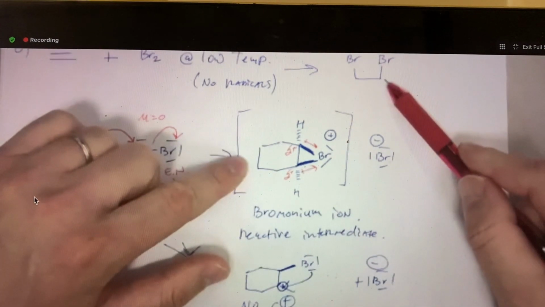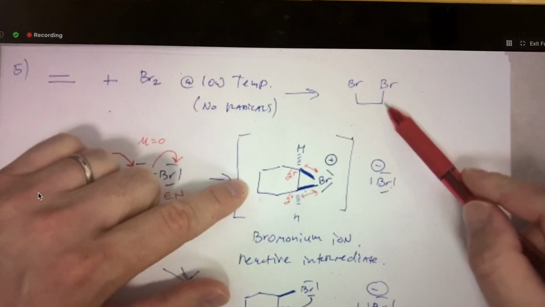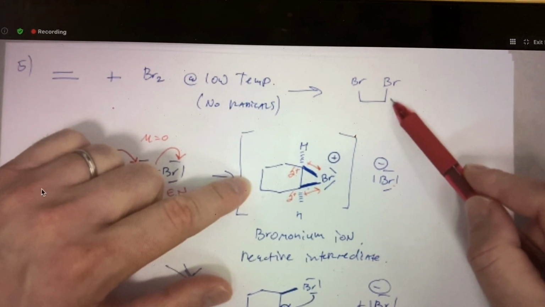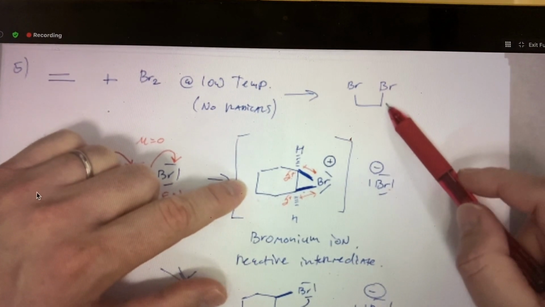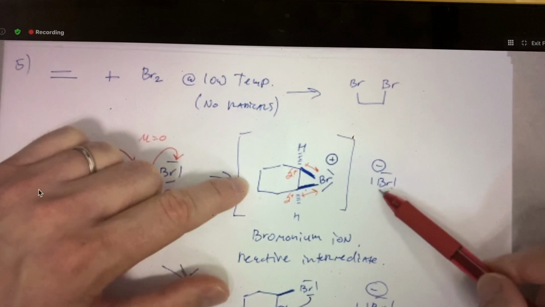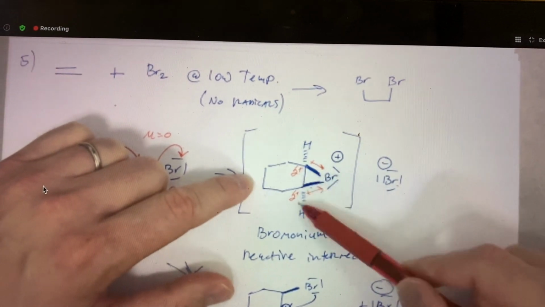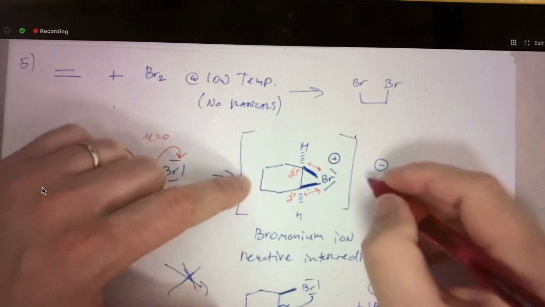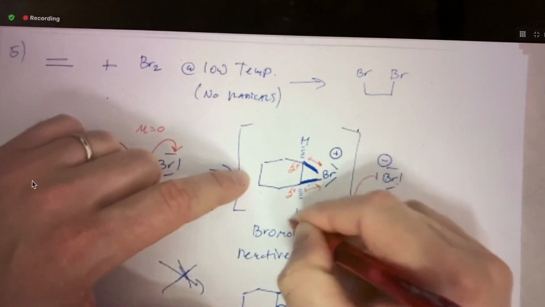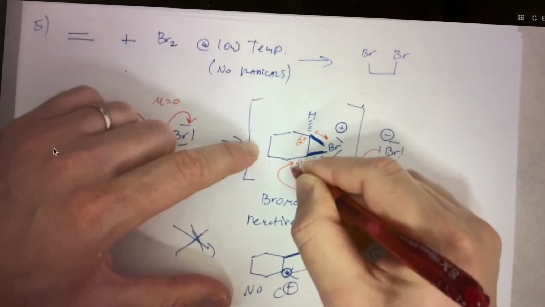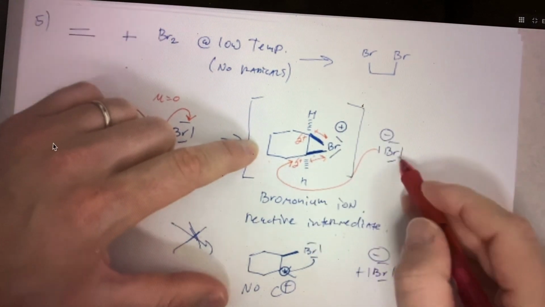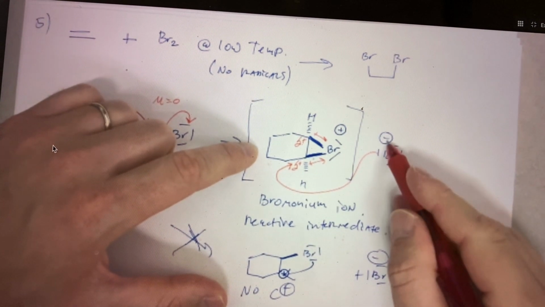From here to here, we have to get bromine on two different carbons. I'm giving you all the clues here. Negative charge, lots of electrons. Plus charge, plus charge. We can pick either one of these. Let's pick the lower one. This bromine is bromide.